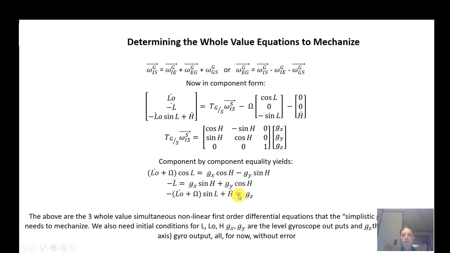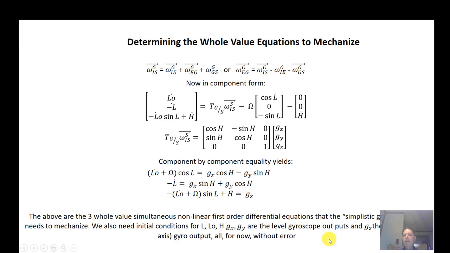Of course, we also need initial conditions for latitude, longitude, and heading to solve these equations. And note that GX, GY are the true level gyroscope outputs, and GZ the vertical gyro output.